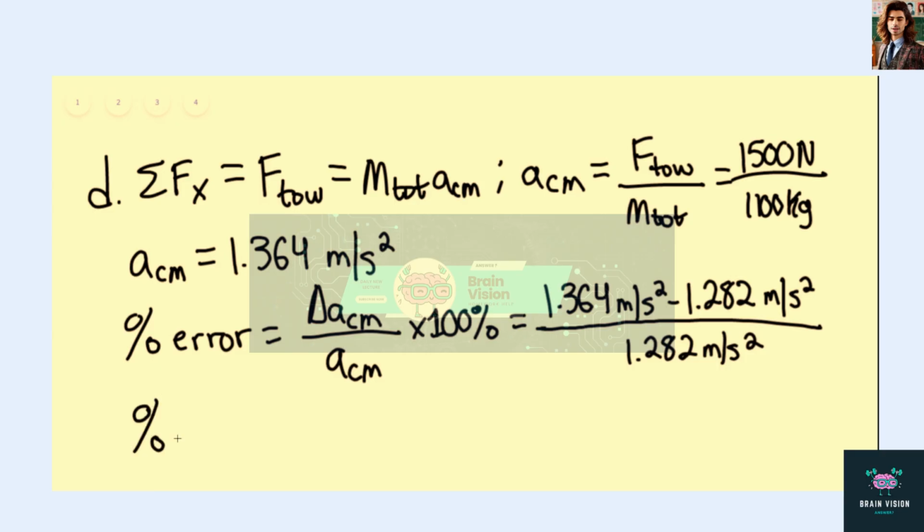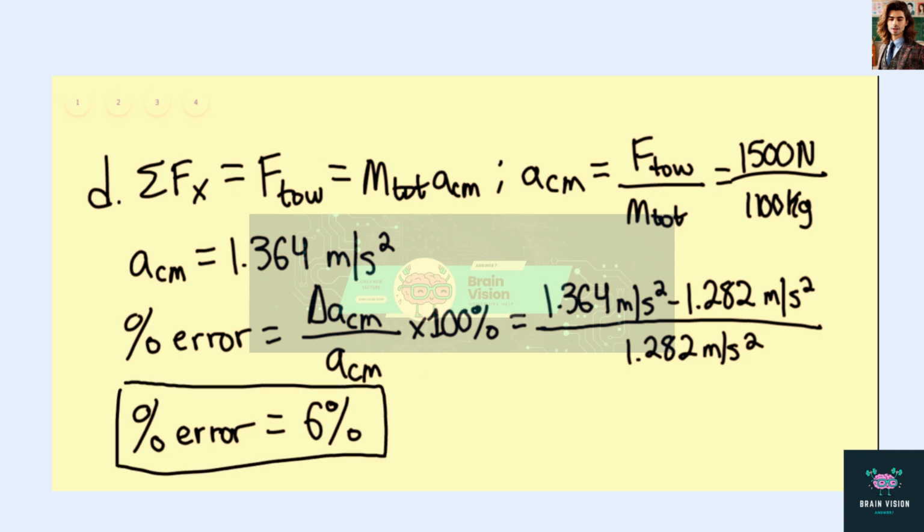And we find that the percent error with making the approximation is approximately 6%. And this positive sign essentially indicates that our approximation is 6% over the true acceleration of the center of mass. This would be our answer for part D.